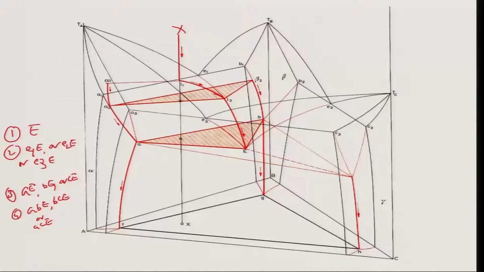The liquid composition will change from L1 to L2, whereas the solid composition of alpha will change from alpha 1 to alpha 2. Now, something new happens at point L2. Why? Because L2 is a point sitting on the valley small u1 capital E, this valley small u1 capital E.